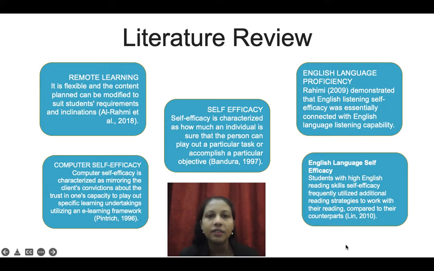Self-efficacy is characterized as how much an individual is sure that the person can play out a particular task or accomplish a particular objective. Self-efficacy, likewise, alludes to the convictions in one's capacities to sort out and execute the strategy expected to deliver given accomplishments.